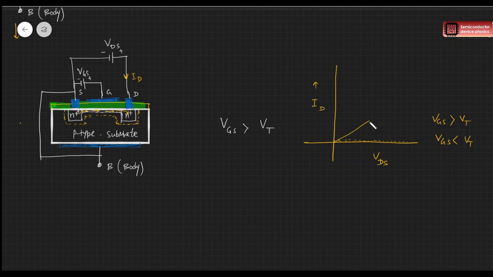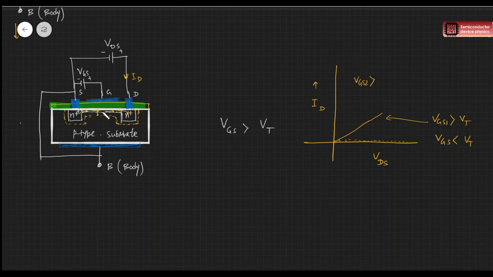So this is the current for VGS1 greater than VT, and if you keep increasing this VGS value, let's say you go to VGS2, a little higher voltage, so we are now applying a higher gate voltage. If you apply a high gate voltage, then this channel width will increase, right?